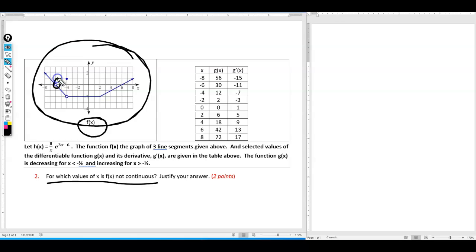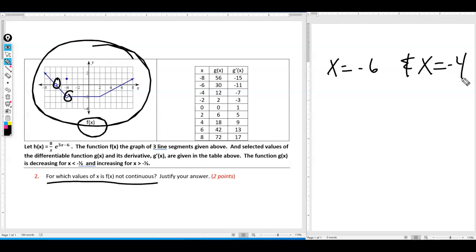So I've got one right here, and I've got one right here. Those are my 2 places where it's not continuous. I've got a hole, a gap, a jump, or an asymptote of some kind, right? So we have 2 places where it's not continuous. We would say it's not continuous at x equals -6, and it's also not continuous when x equals -4. But they're going to have some slightly different reasons.